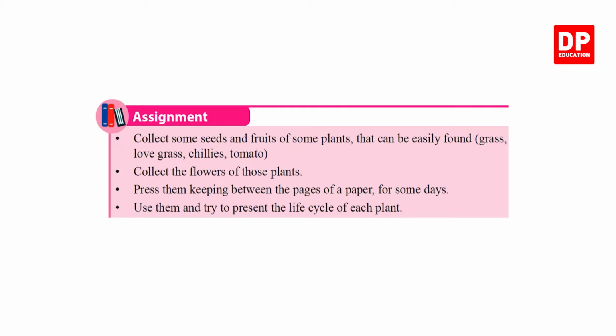So what you have to do, this is very interesting and very simple. Collect some seeds and fruits of some plants that can be easily found. So you have to collect some small seeds that can be easily found and easily grown. Examples are given: grass, love grass, chilies and tomato.